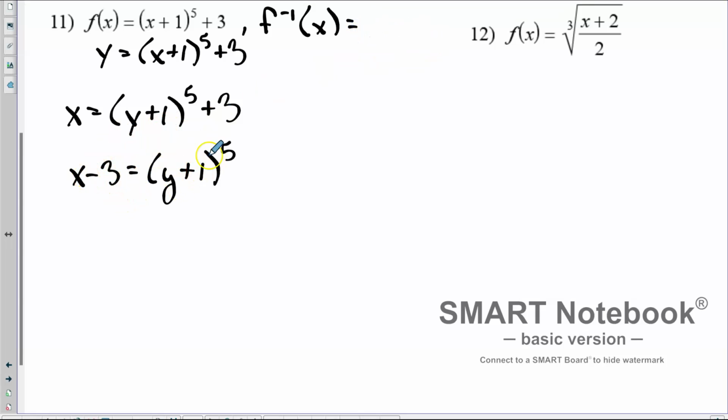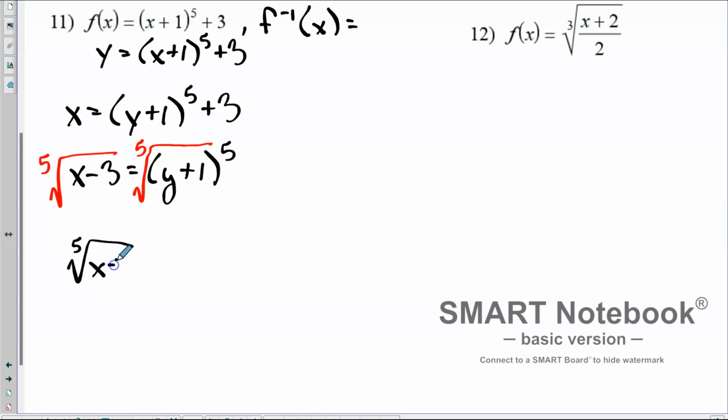So I've got this. How do I get rid of an exponent of 5? You can pause the video and think about it. But if you were thinking about taking the square root, or excuse me, the 5th root of both sides, you're correct, because the 5th root cancels out an exponent of 5.